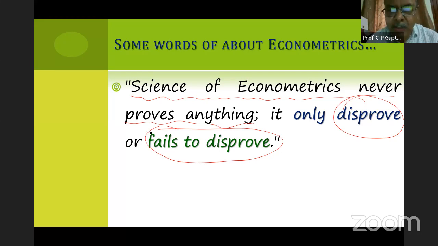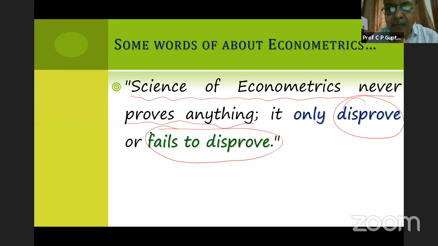That proof has to come from your argument, from your underlying logic and theory. So friends, be clear about it. You can disprove, or you can fail to disprove, but you cannot prove by making use of econometrics.